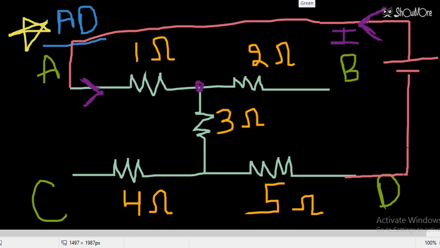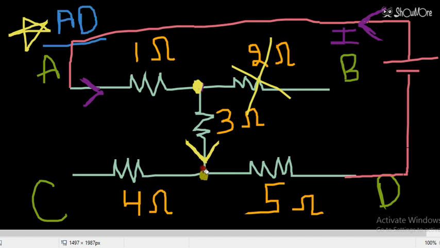Now will the current be divided or not? Because this is an open circuit, current will not flow on this side. The same current will flow through the 3 ohm resistance. Now further, current will reach this point.